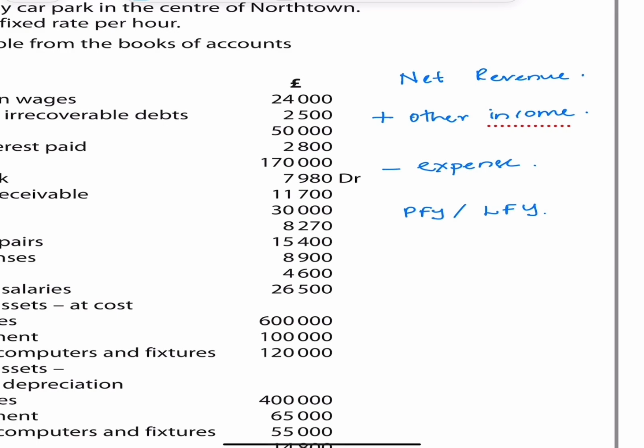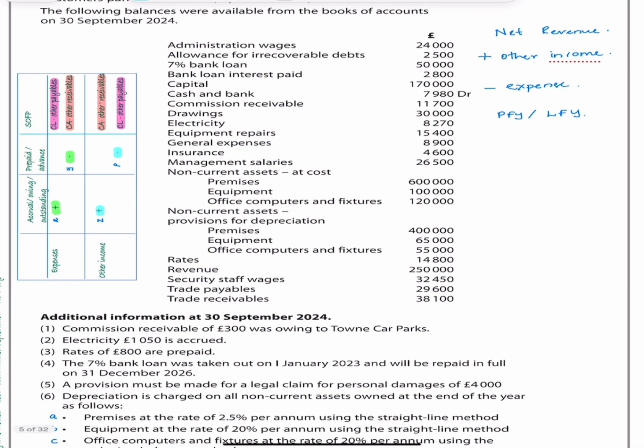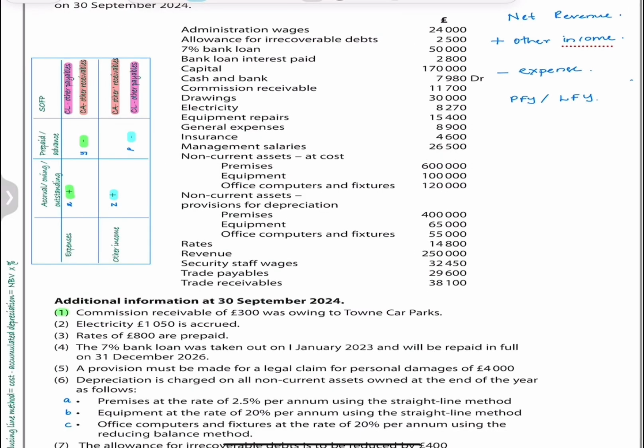So in order to complete the income statement, first you should be able to complete all the adjustments related to it. So let's look at the first adjustment. Adjustment number 1, commission receivable 300 was owing to Town Car Parks.